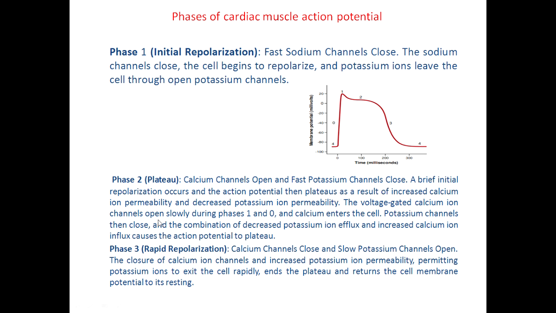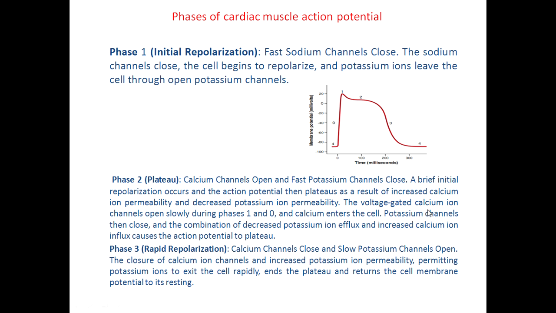A brief initial repolarization occurs and the action potential then plateaus as a result of increased calcium ion permeability and decreased potassium ion permeability. The plateau occurs because more calcium starts entering the cell and the potassium leaving the cell is stopped. Due to the entry of more calcium into the cell, this plateau occurs.